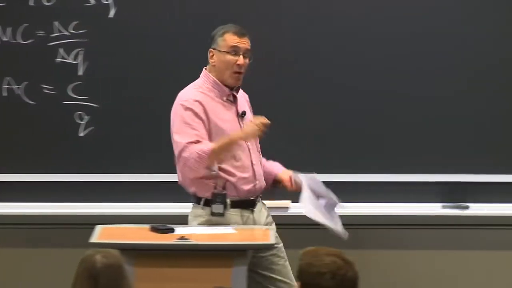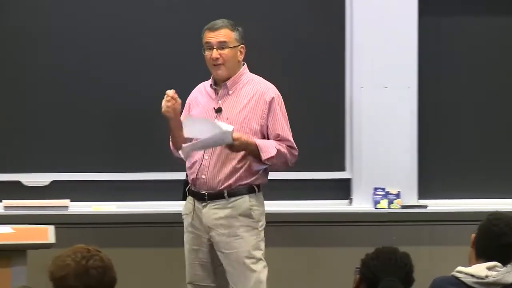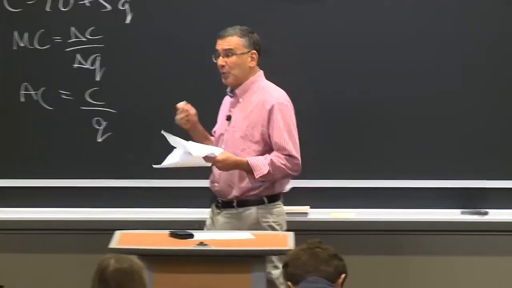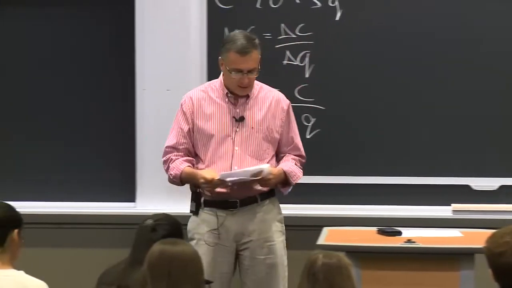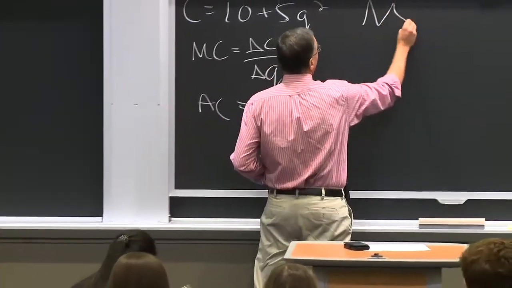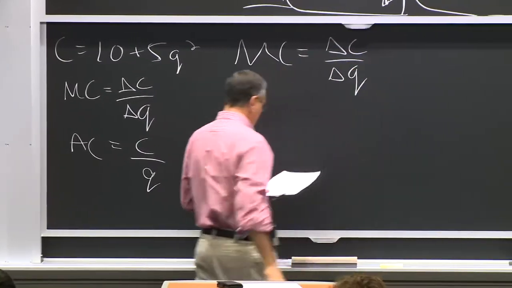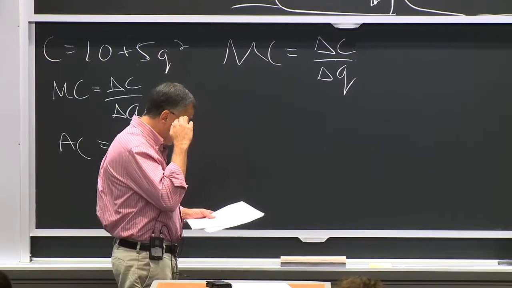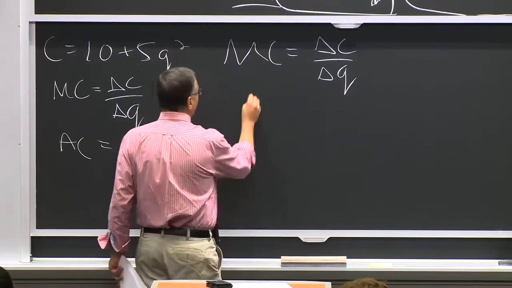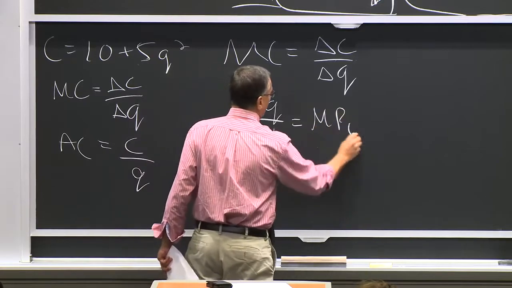Remember, digging a hole and diminishing marginal product, that each additional worker for a fixed level of capital is less and less productive. We talked about that last time. Well, the marginal cost of production is, as I said, equal to delta C over delta Q. Well, we know from last time that delta Q over delta L we defined as the marginal product of labor.